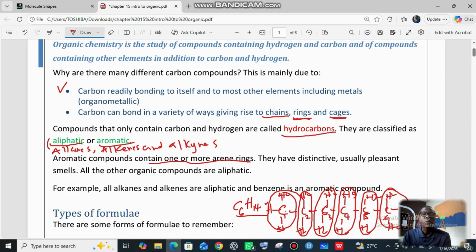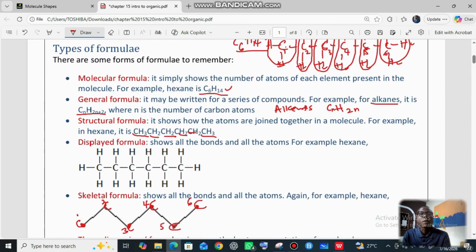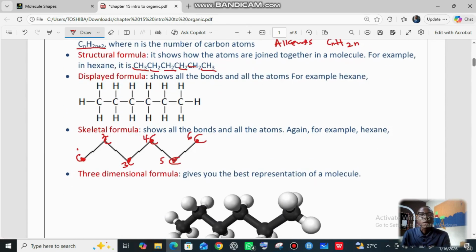We've also seen that hydrocarbons are compounds that contain carbon and hydrogen. Examples are the families, or homologous series, such as the alkanes, alkenes, and alkynes. We also saw how formulas can be used to represent organic compounds: the molecular formula, the general formula, structural formula, displayed formula, and skeletal formula.